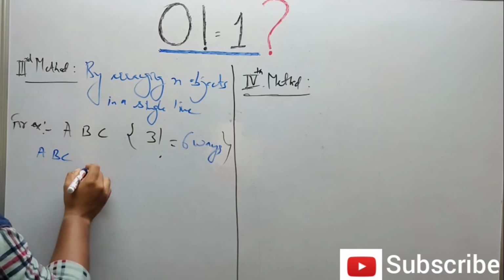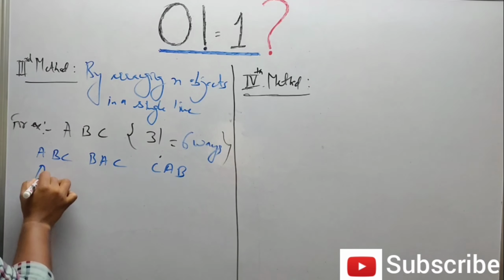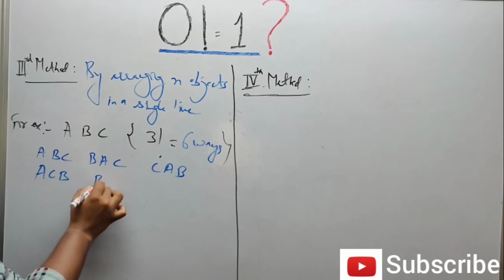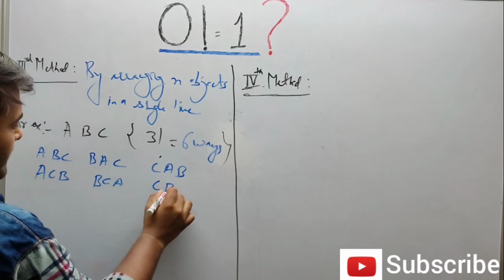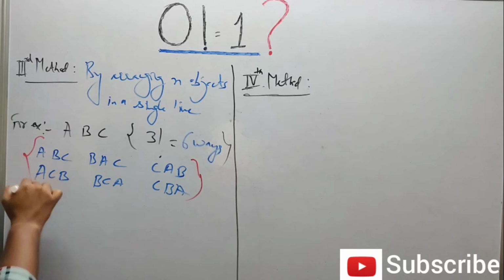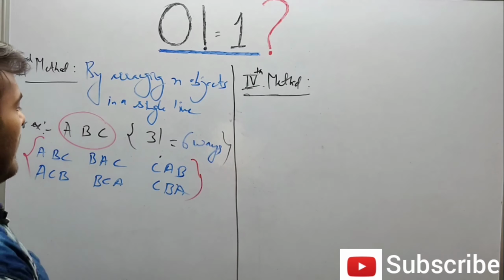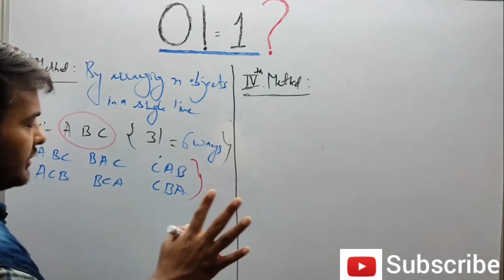A, B, C; B, A, C; C, A, B; A, C, B; B, C, A; and C, B, A. So there are 6 different ways of arranging 3 different objects in a single line consisting of 3 chairs.